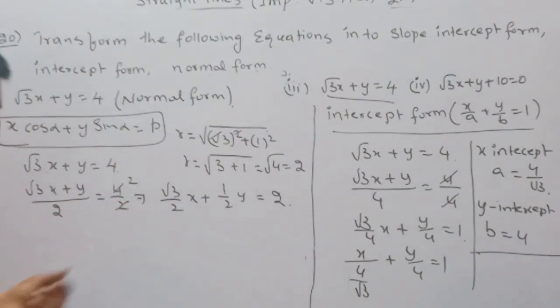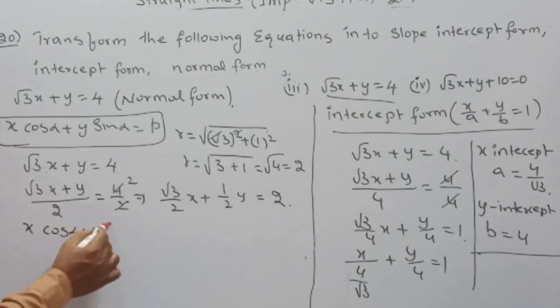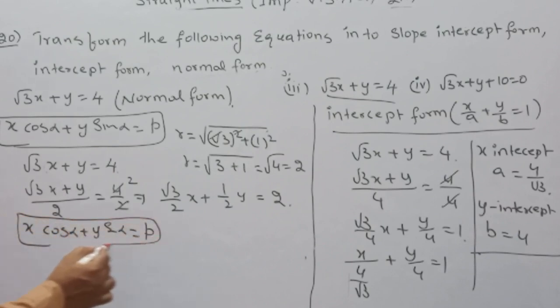Here, root 3 sin x cos alpha plus y sin alpha is equal to p. You compare with this one.